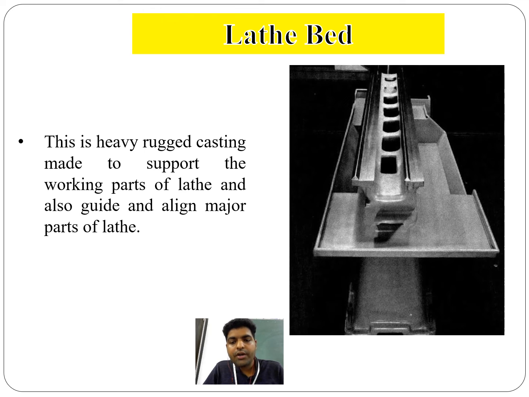The headstock, tailstock and the carriage are mounted on the bed. The carriage and the tailstock slide on this guide way. The bed is very heavy and made of cast iron, which absorbs all the vibration produced during the machining operations.